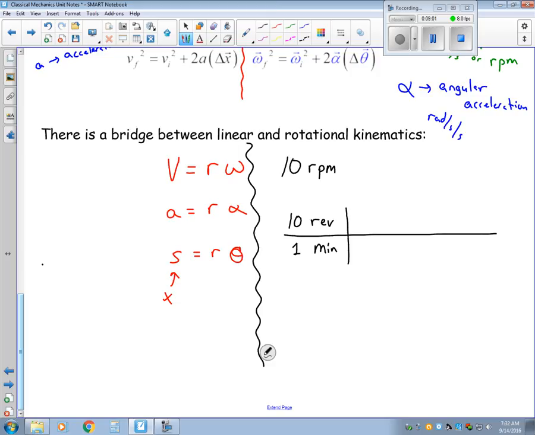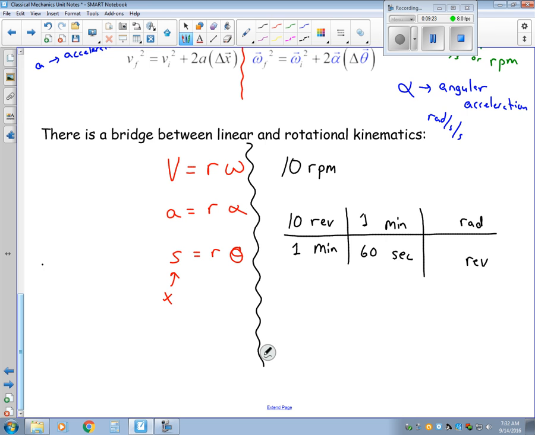Now I start thinking, okay, I want to convert my minutes into seconds. Well, there's 60 seconds for every 1 minute. And then I want to convert my revolutions into radians.